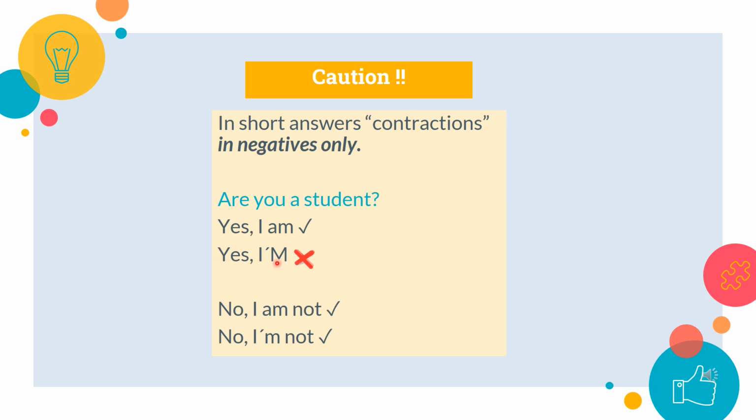Yes, I'm is incorrect for short answers. You can say, yes, I'm a student, but not only yes, I'm. For negative, you can use the full form, for example, no, I am not, or the contraction form, no, I'm not. Both are correct.